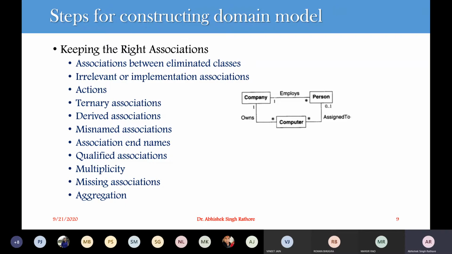Let's say we have grandparent and parent. So instead of having grandparent and parent, we can go for this is my grandparent or this is my parent. Instead of having multiple derived associations, we can add some attributes there, and thus we can achieve better examples.